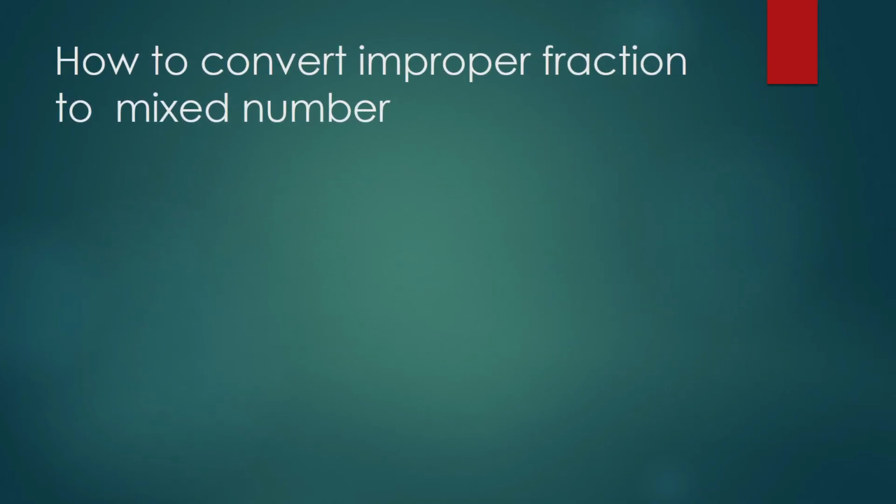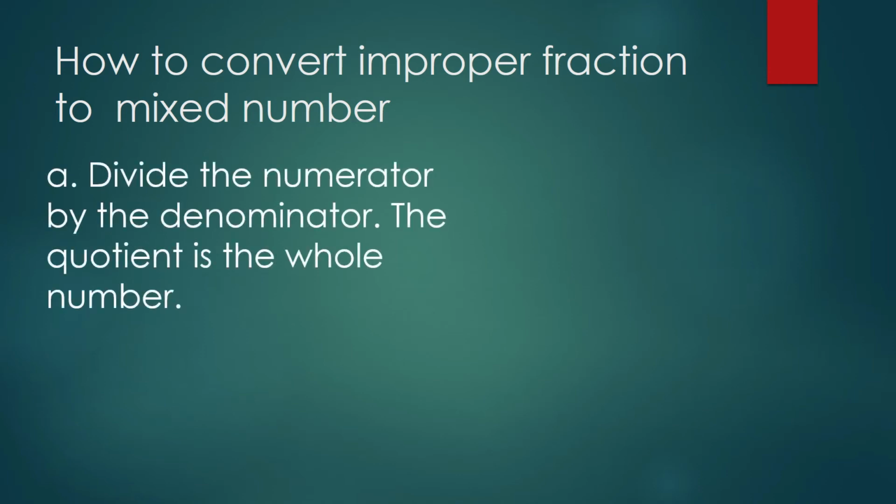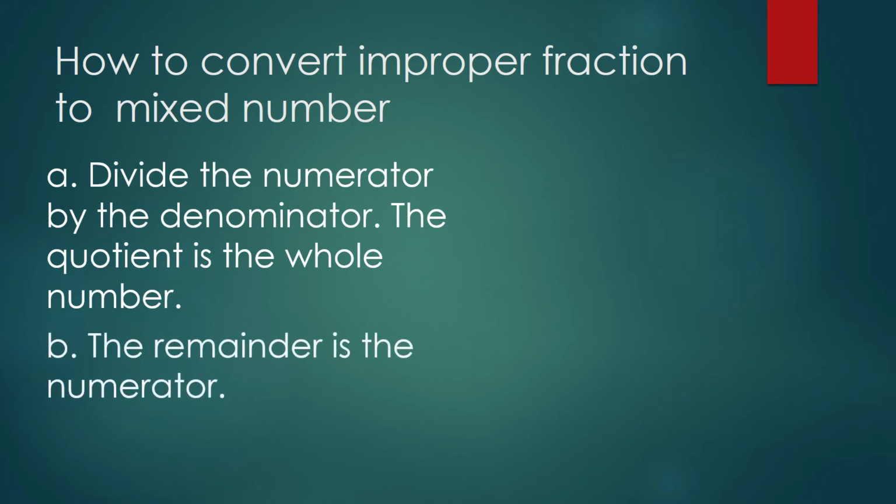How to convert improper fraction to mixed number? Divide the numerator by the denominator. The quotient is the whole number. The remainder is the numerator. For example, 18/7. Let us practice long division, by the way.